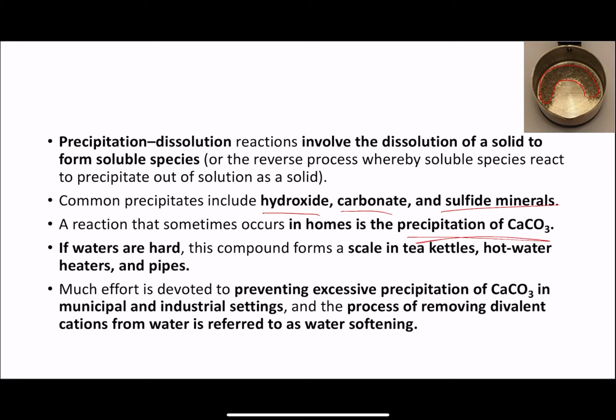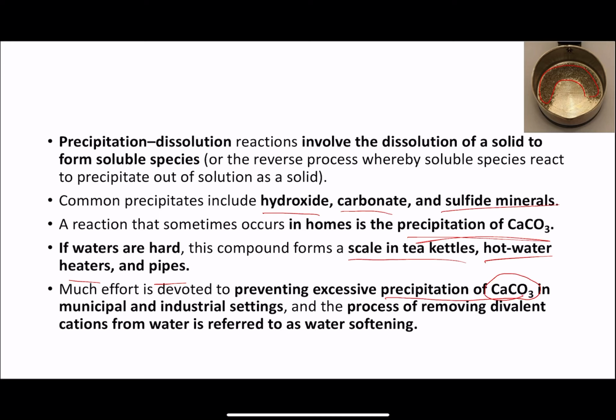If the water is hard, scale forms in tea kettles, hot water heaters, and pipes. Okay? And much of our effort here is to prevent excessive precipitation of CaCO3, calcium carbonate, in municipal and industrial settings.